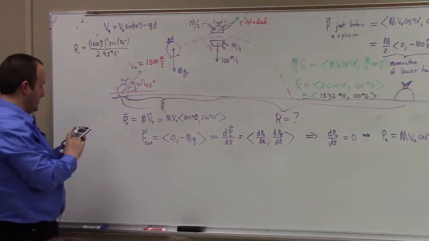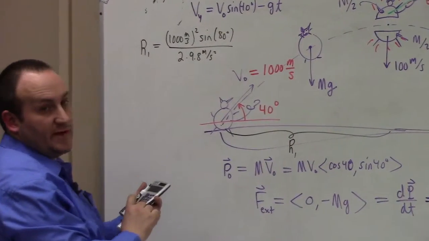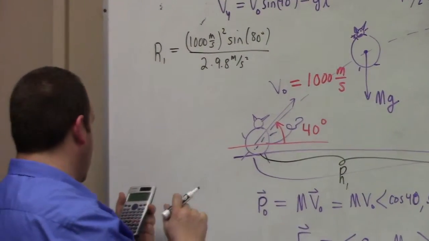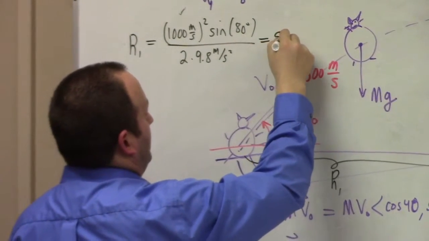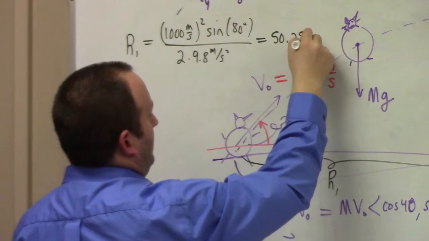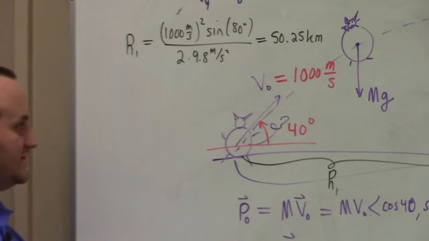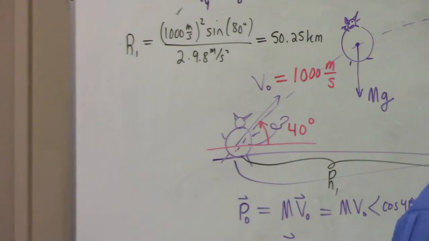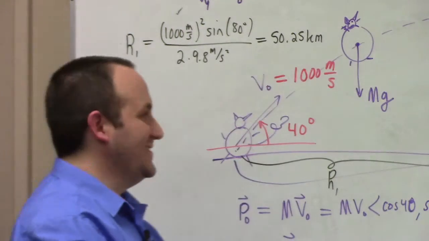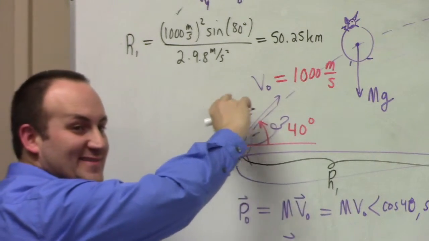Whoa. It's 2 theta, though. Yeah, 50.25 kilometers. So the cat will be safely away from us when it explodes. Good. Honestly, folks, this kind of velocity is like the sort of velocity you find in naval guns.